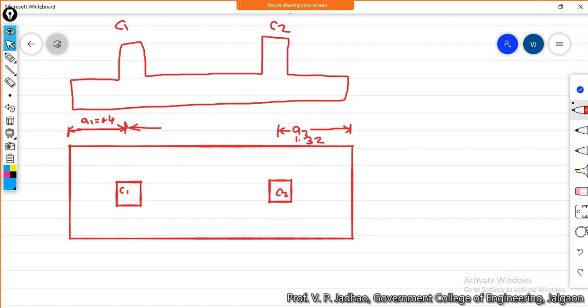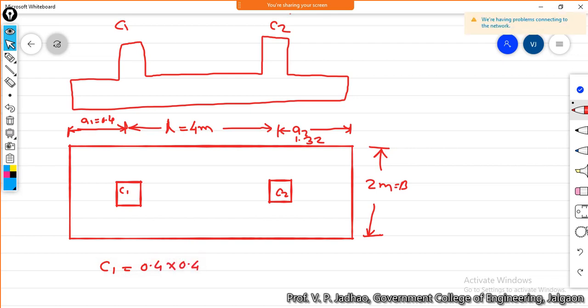This distance small l is equal to 4 meter. This distance is 2 meter, that is capital B. The column size C1 is 0.4 by 0.4.